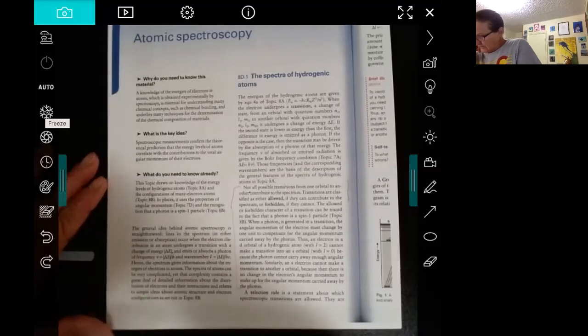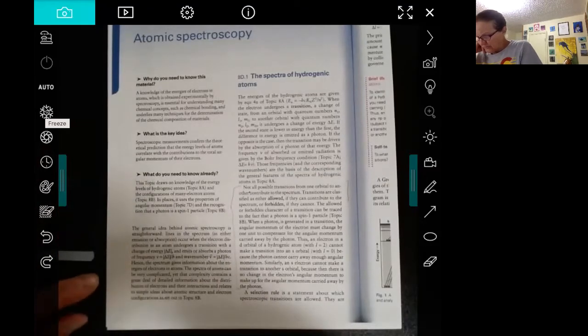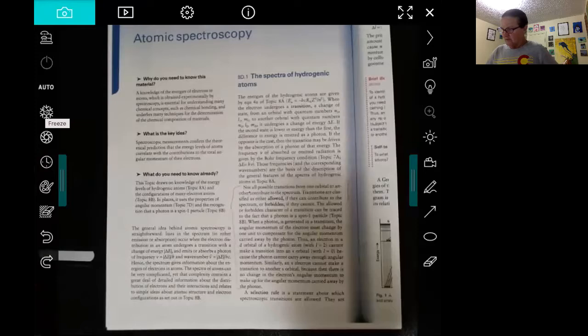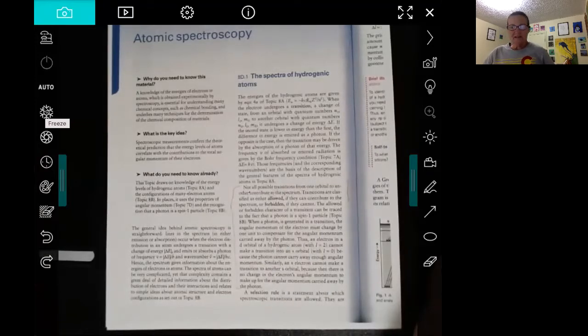So when we look at it, we've already learned about the Bohr frequency principle, which says that anytime light is absorbed or emitted, the energy of the photon of light has to be equal to the energy difference between the two states that resulted in that photon. So this is a way to understand better the energies of orbitals.